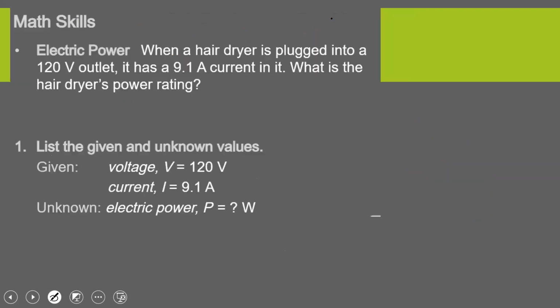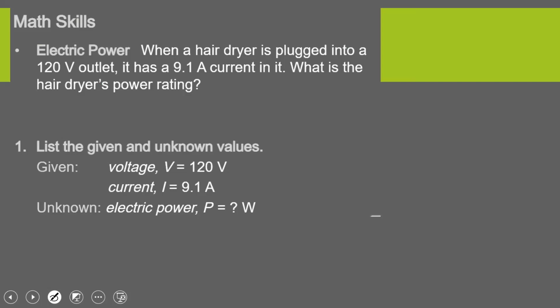Let's have another example here. When a hair dryer is plugged into a 120 volt outlet, so at your home, as you imagine that we are now in America, the voltage that comes to your home is 120 volts. So you plug the hair dryer into 120 volts.